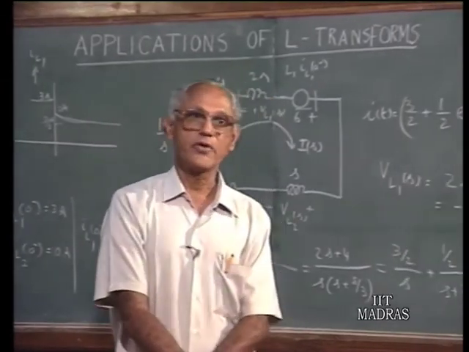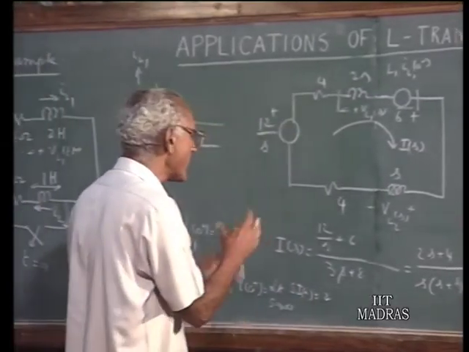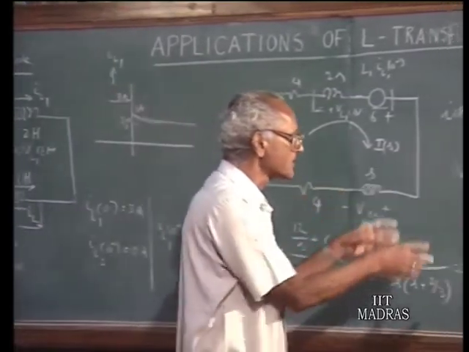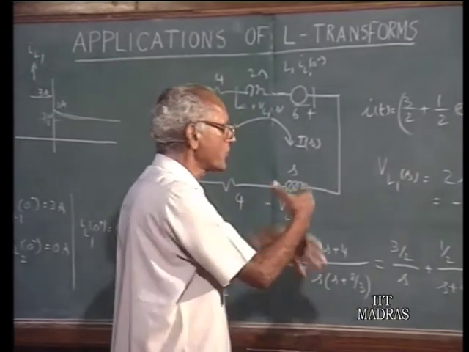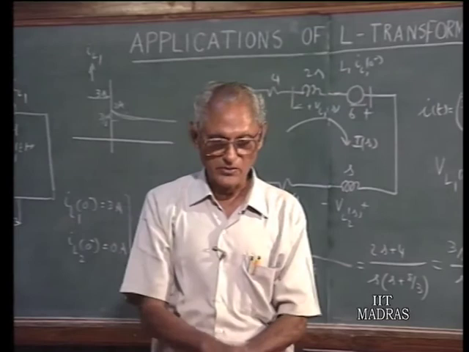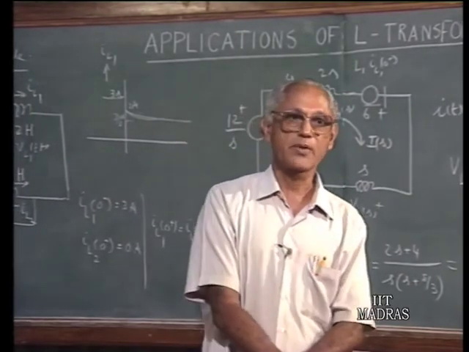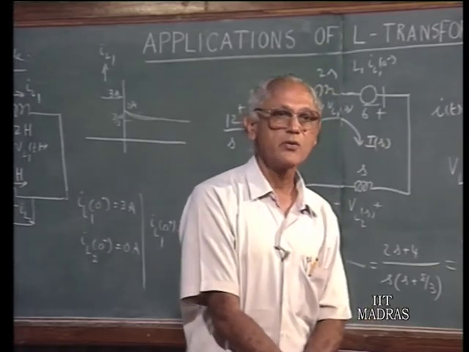A third feature is that you get the total solution, the transient part of the solution and the steady state part of the solution, both together in one unit, whereas in the classical differential equation you have the particular integral solution and the complementary function. They are found separately and you combine them, but here you do not have to do that.